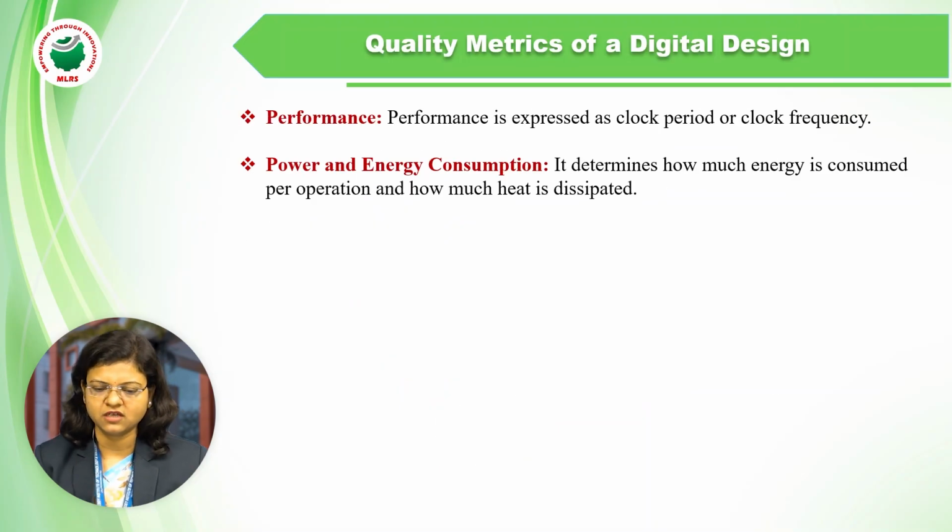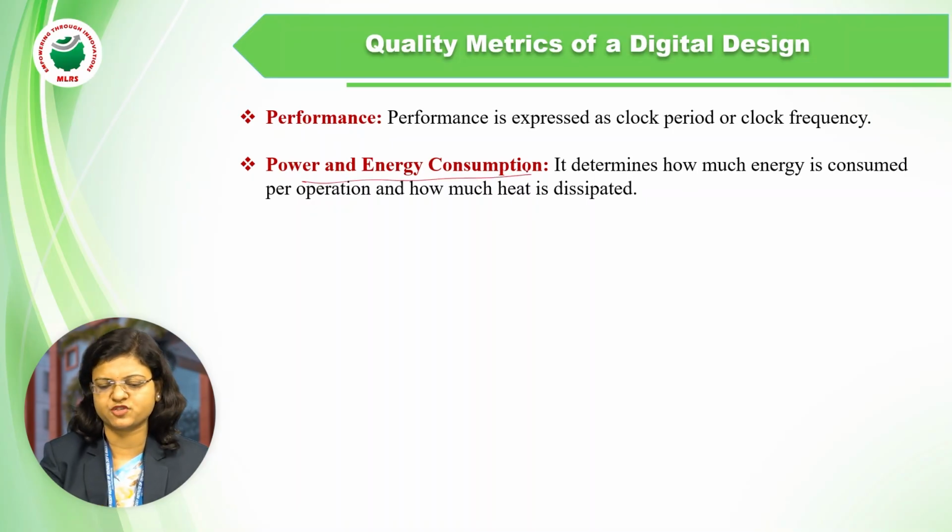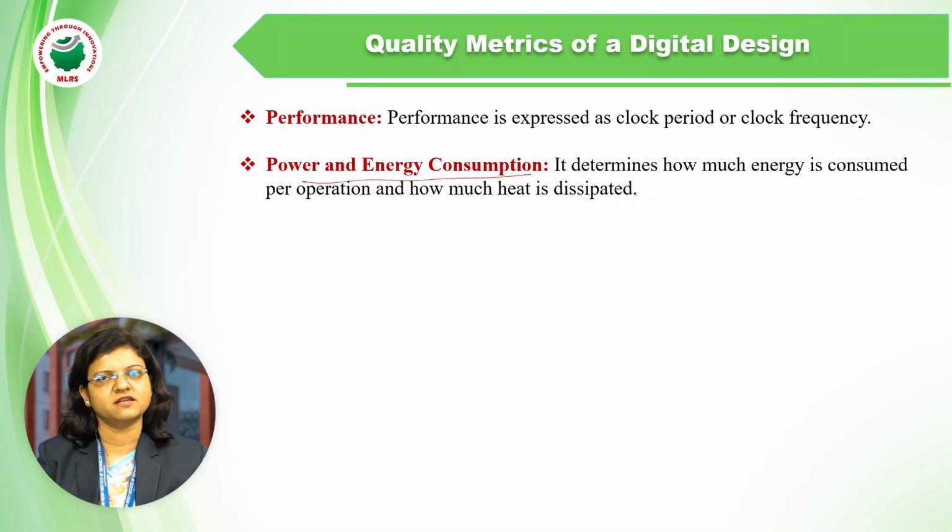The next one is performance. This quality metric is also important, and performance can be expressed as a clock period or the clock frequency. If there is clock skew or any other errors, then we cannot get the proper performance of the circuit. Another one is power and energy consumption. It determines how much energy is consumed whenever an operation is performed by the IC, and also how much heat is dissipated by the IC.